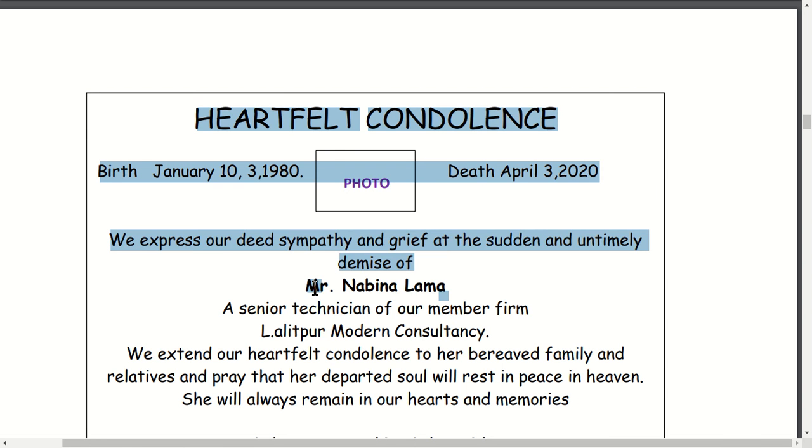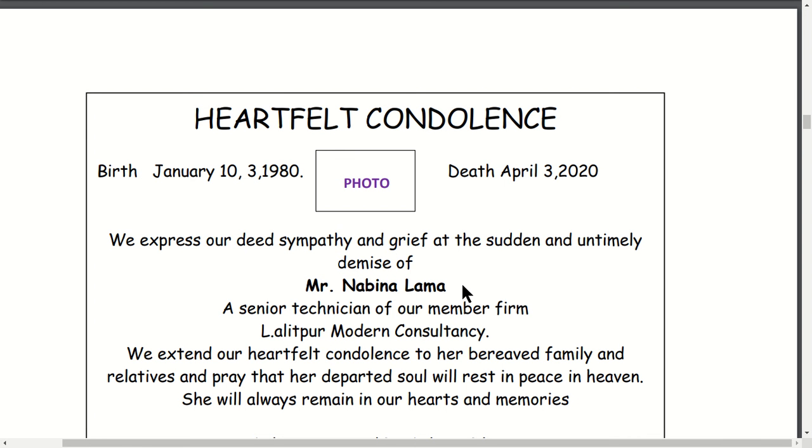This is an imaginary name. I have written this imaginary name here. She was a senior technician of our member firm, Lalitpur Modern Consultancy.